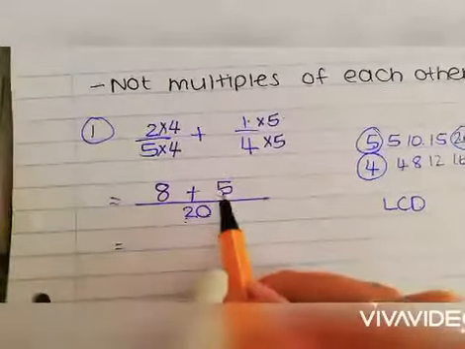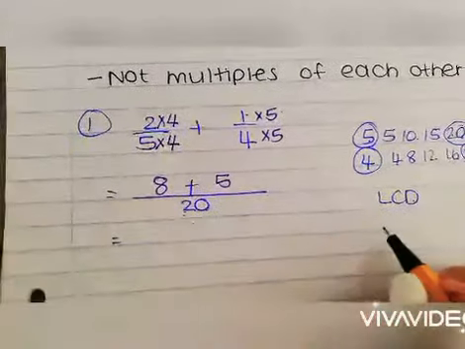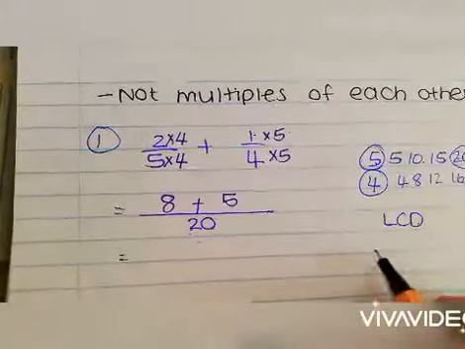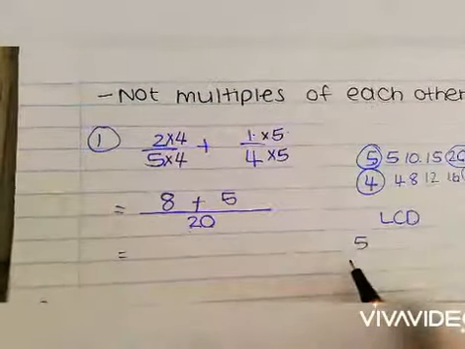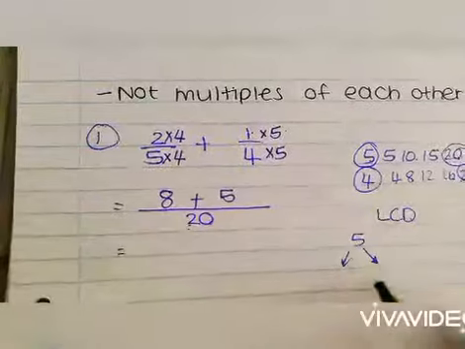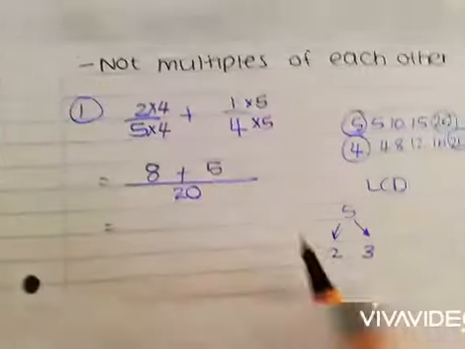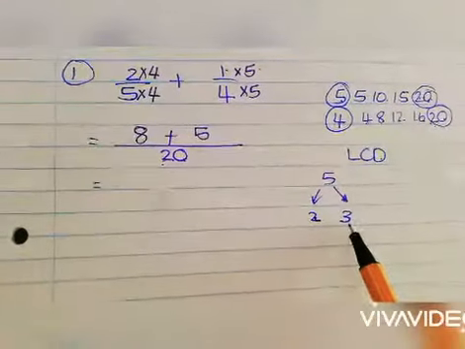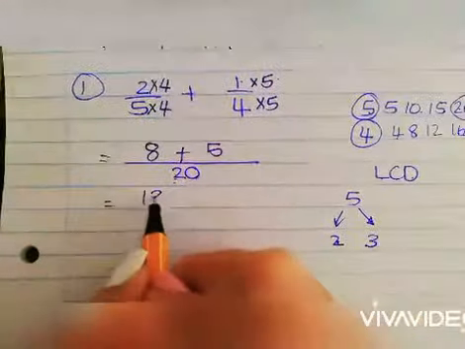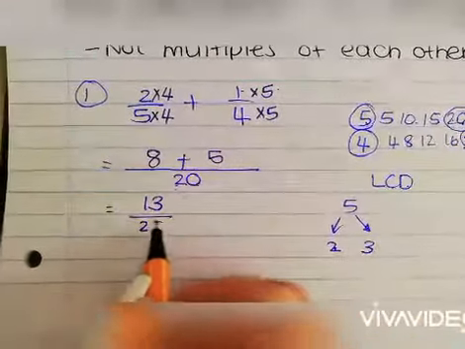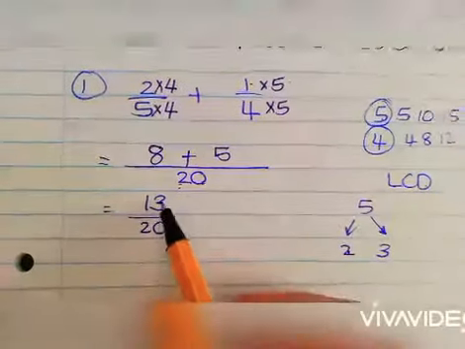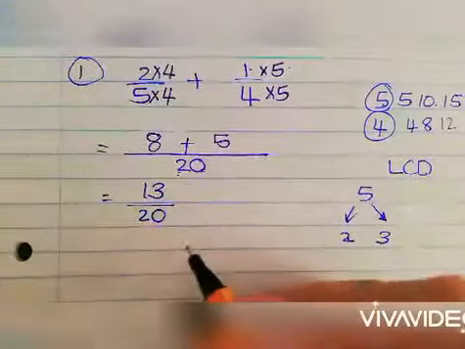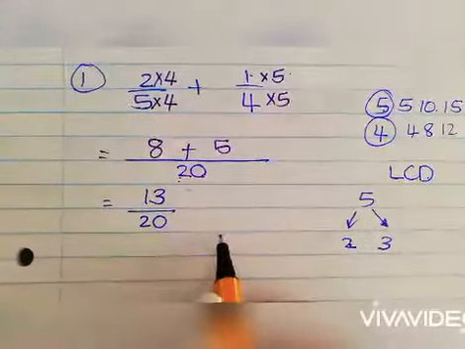So 8 plus 5: if you don't know how to do that in a simpler way, you can think of 5 as broken up into 2 plus 3. 8 plus 2 gives me 10, and then I've still got 3 left over, so it's 13 over 20. Then you see what number can go into 13 and into 20? Nothing, so you leave it as it is, and that is your final answer.